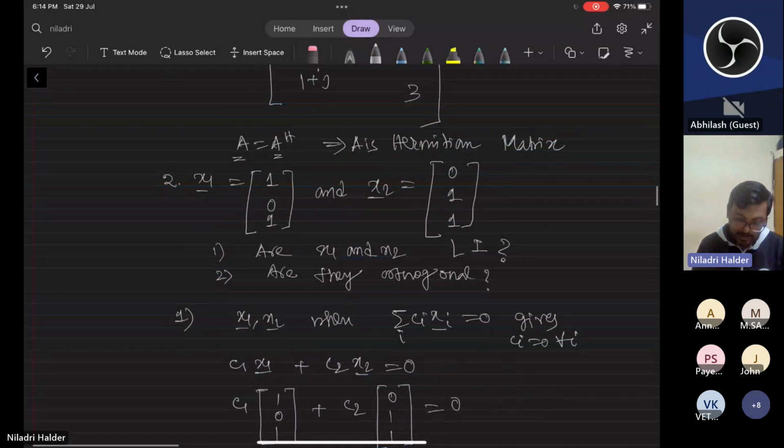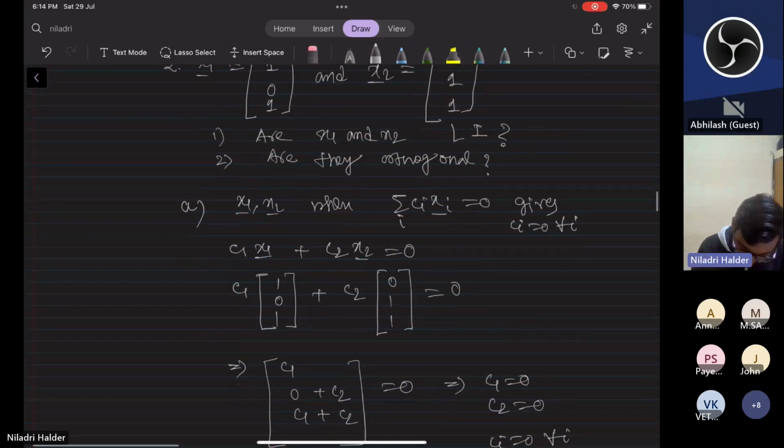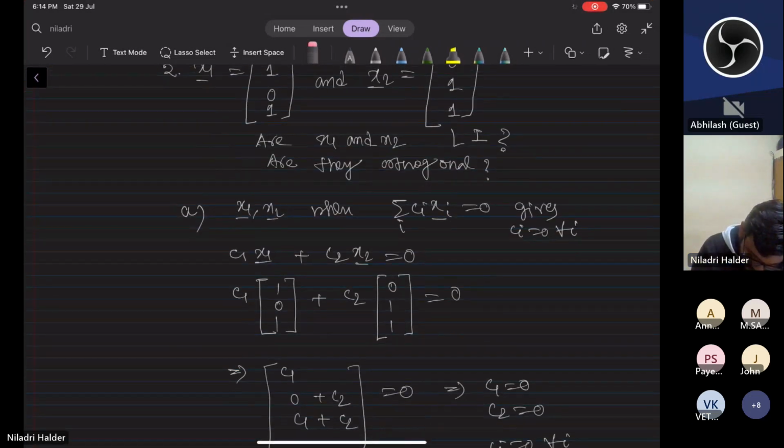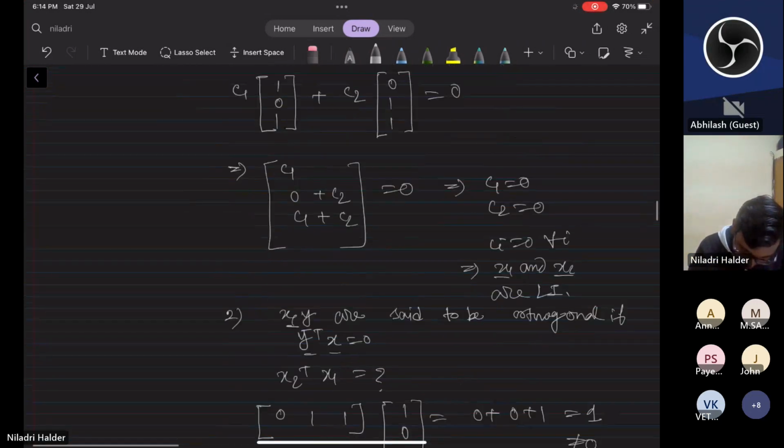Then x1 is a vector. Then we solved how x1 and x2 are linearly independent vectors. We solved it using two things: first is linear independence, and second is orthogonality.